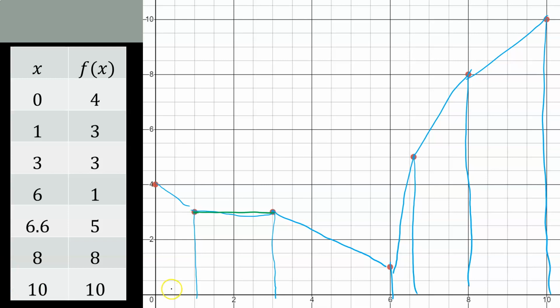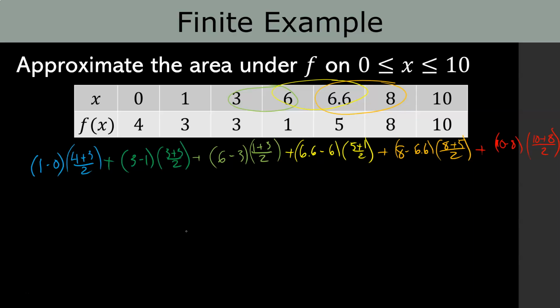That's a width of 1, which we did previously, 1 minus 0, and an average height of 4 plus 3 divided by 2, or 3.5. And that does seem about right. So this area is 1 times 3.5, or 3.5. But it's a little bit easier to write this stuff out, I guess.